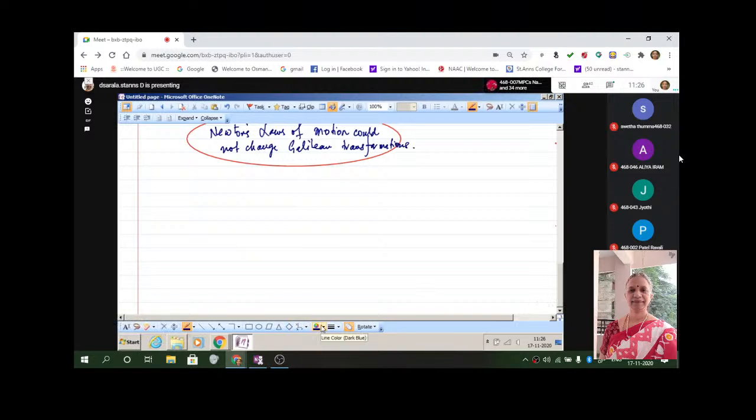Anything which does not change is called a constant, which you all know, or we can also say that it is something which is invariant. Invariant is one which doesn't vary or one which remains constant.